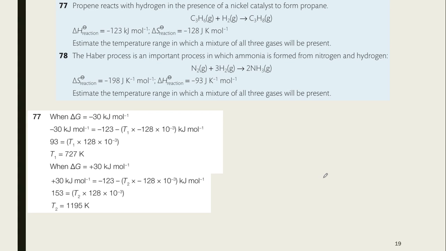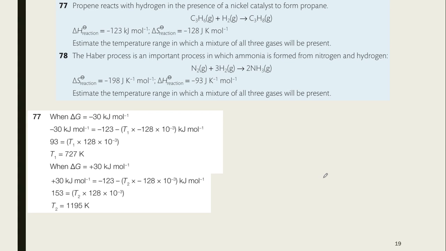We would have all three of these gases. Like I previously said, if delta G was less than negative 30 and the temperature was lower, then we would only have products. If the temperature was higher than 1195 and the delta G was greater than positive 30, we would only have our reactants.